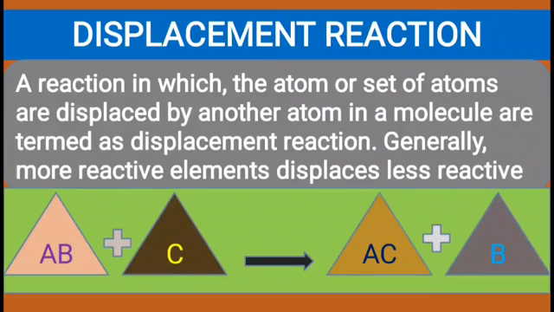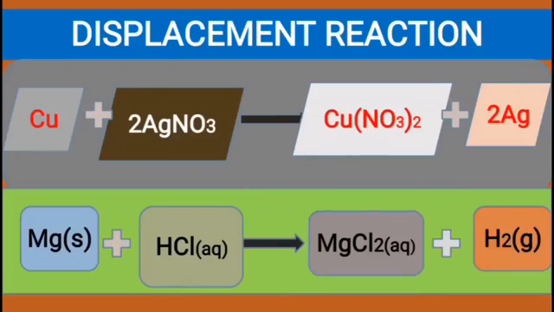AB reacts with C to produce AC with the liberation of B. Example: copper reacts with silver nitrate to give copper nitrate and silver. Here, copper, being more reactive, displaces silver. Magnesium reacts with hydrochloric acid and easily displaces hydrogen, and magnesium chloride is formed.